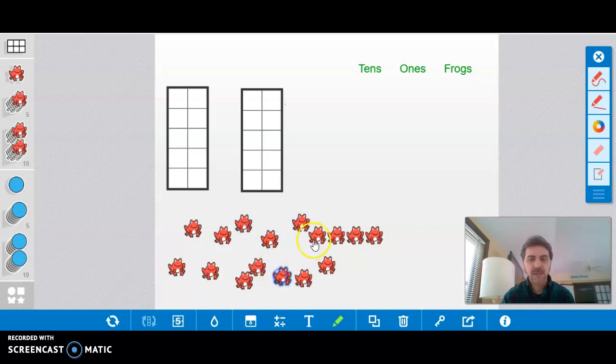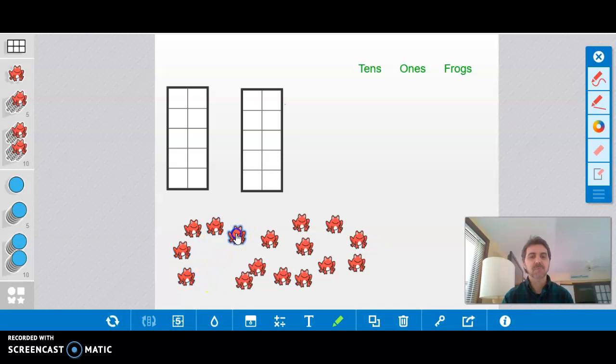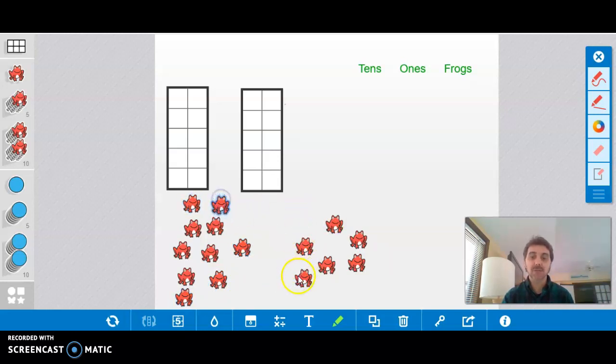Let's say that we wanted to count them. They're very jumpy, these frogs. We could just count them by ones, right?